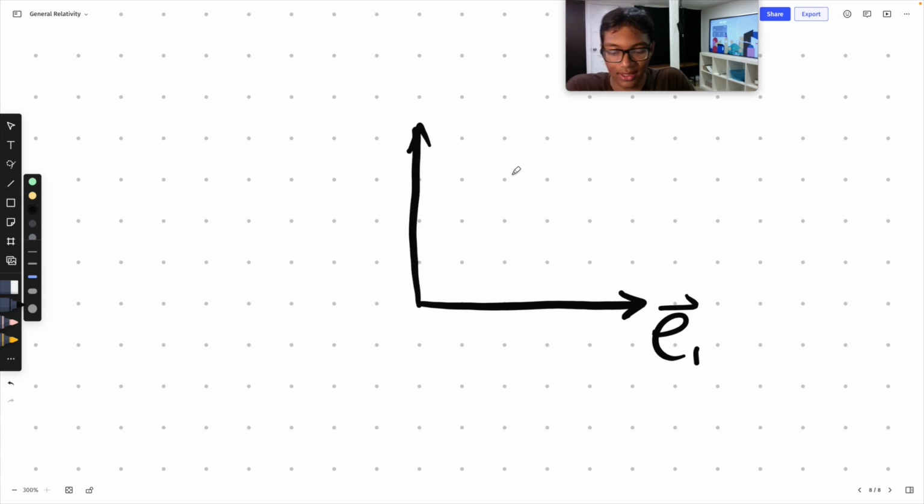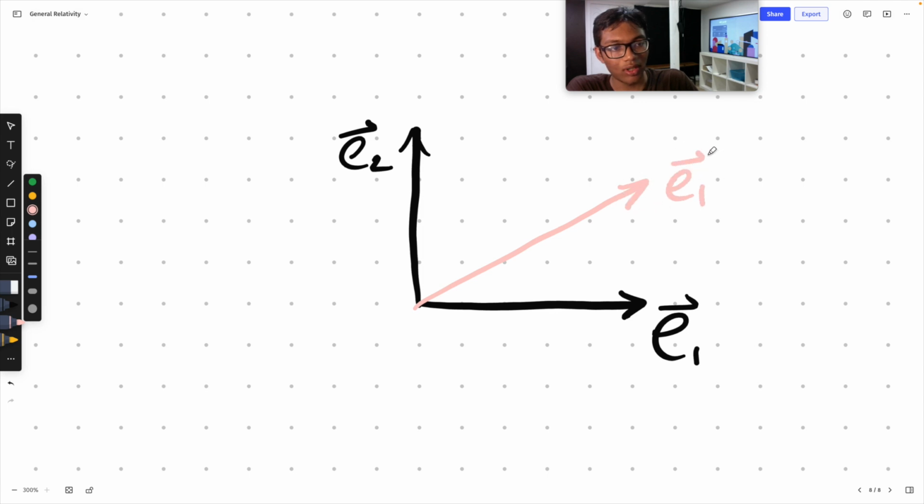They're the same length, they're orthogonal. Now I have some new basis vectors. Here's my first new basis vector, e sub 1 prime. Here's my second new basis vector, e sub 2 prime.